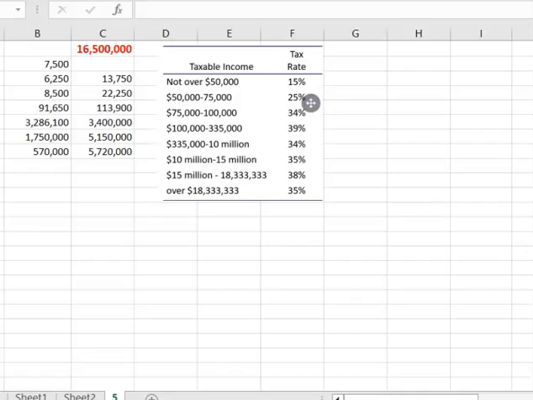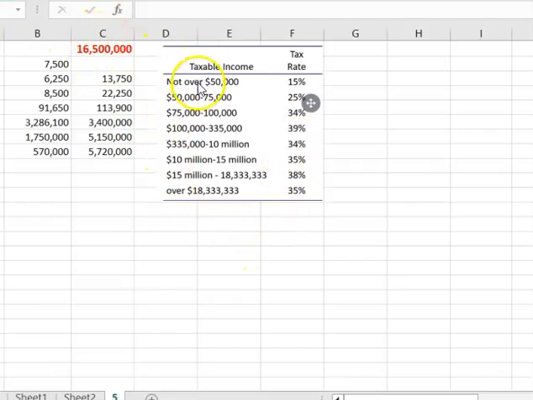Here are the details of the calculation. We have $16,500,000 income, and we want to see how much tax we need to pay according to this table.